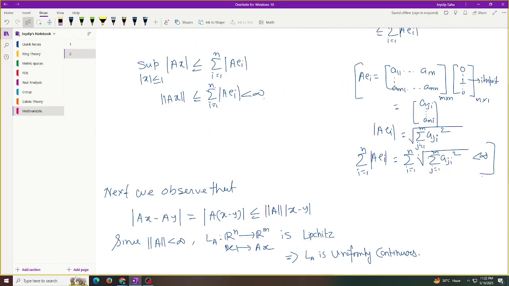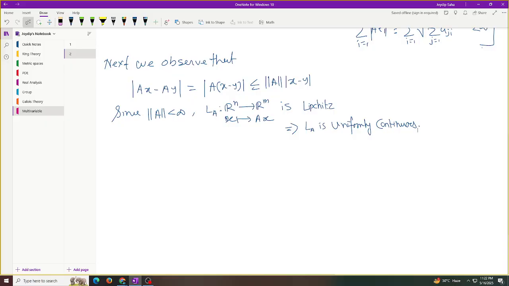So for all x, this is a norm in R to the power m.